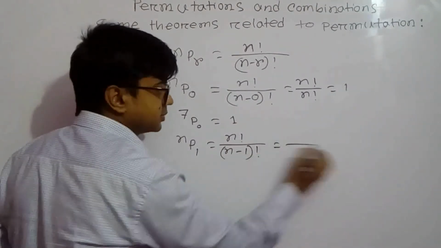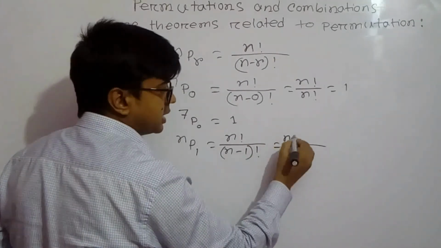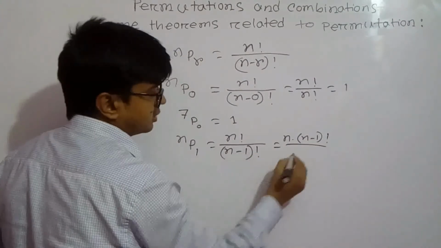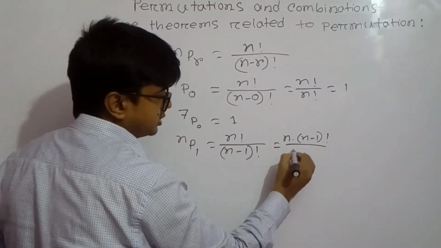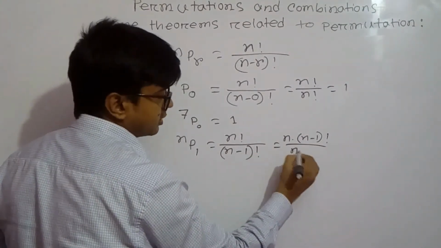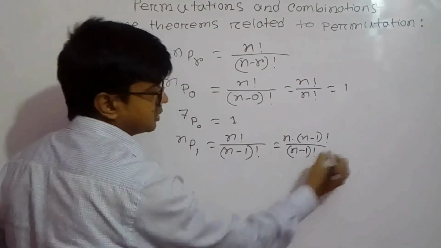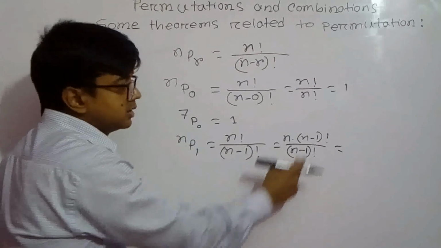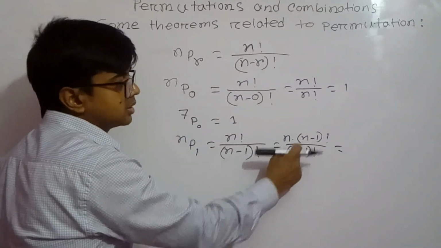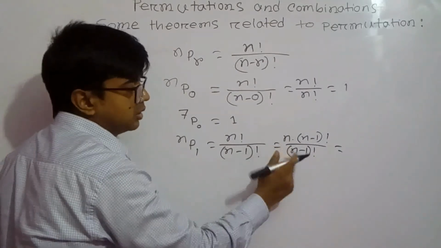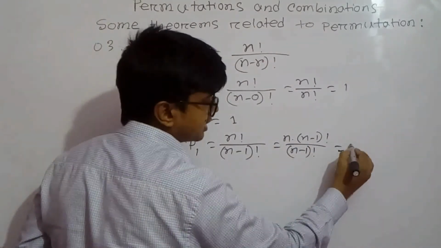So we can write n into n minus 1 factorial, and the denominator will be factorial n minus 1. So here the numerator and denominator factorial n minus 1 will be cancelled, so our answer is n.